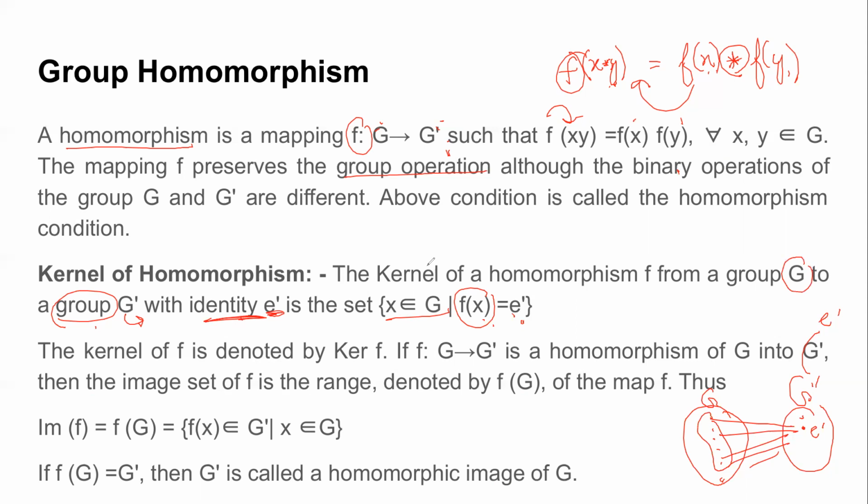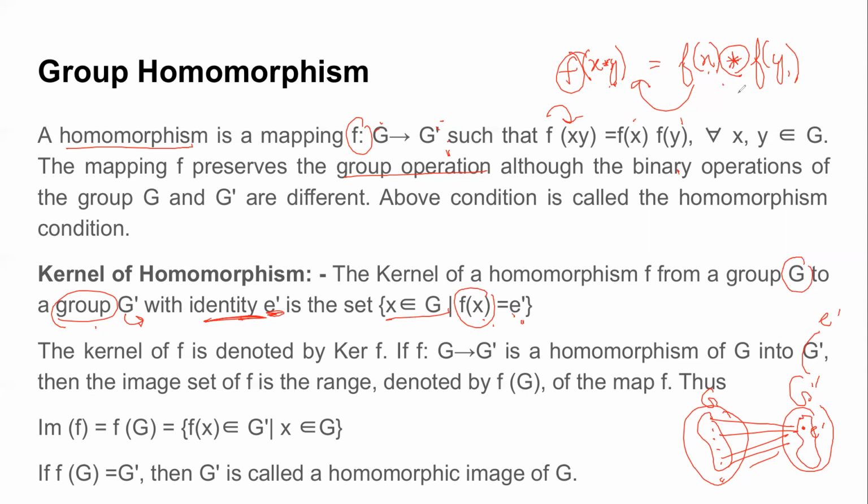And then you already know that all the elements in the codomain set are known as the image set, and similarly the first set is known as the domain set. Those are the usual definitions, but what is important here is to understand what a homomorphism is. A homomorphism is a function which preserves the binary operation.